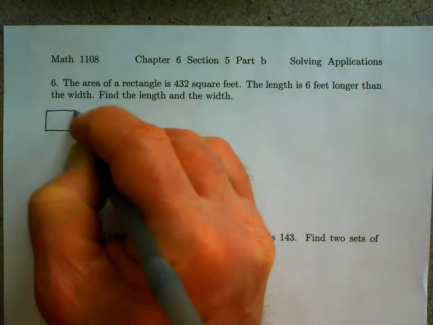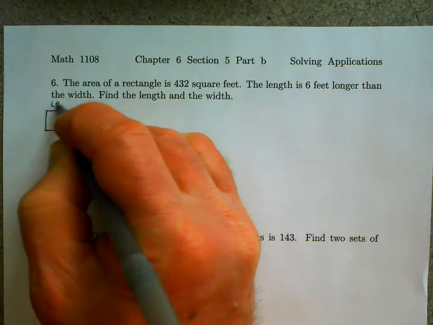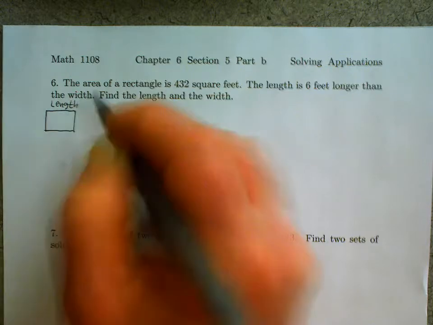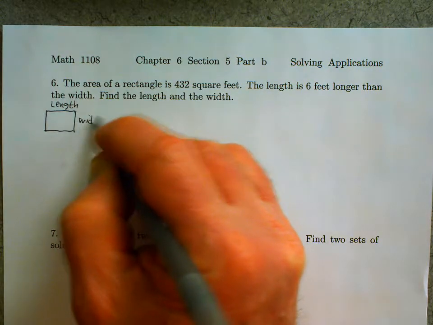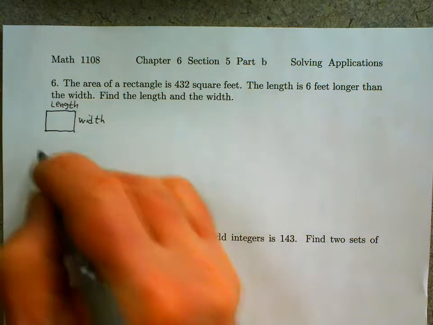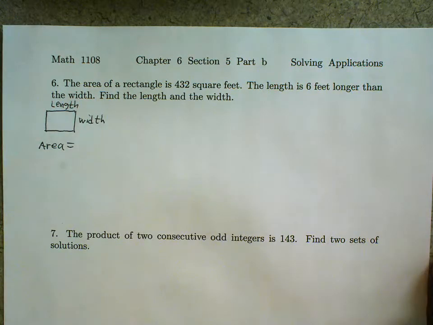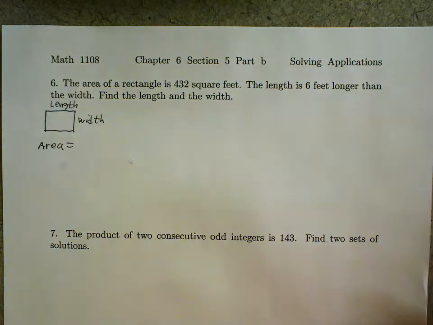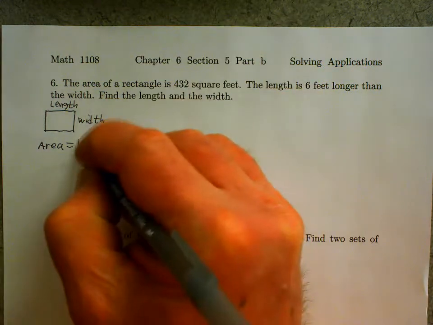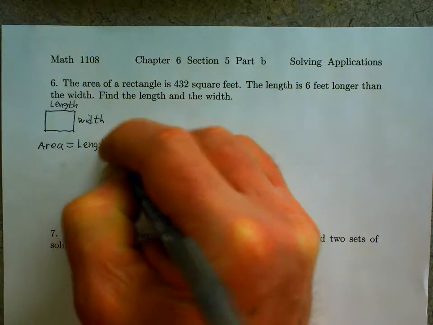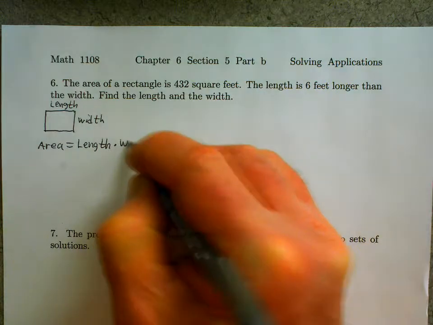Okay, a reminder, if you have a rectangle, then the area of the rectangle is found by multiplying the length times the width. So the area is length times width.